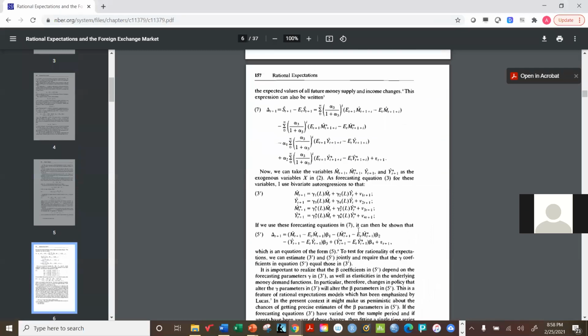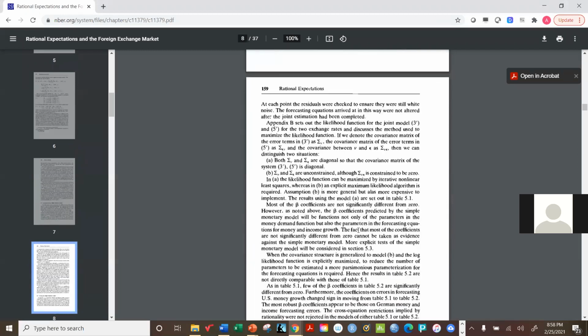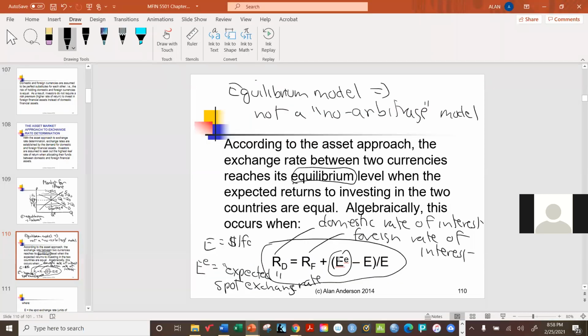We're not going to do that here, obviously, but there are models that we could use to come up with a number for this expected exchange rate. The other option is to use surveys of the market participants, but we're going to assume that there's a number that we can point to and say, this is what investors expect to happen in the future with this particular currency pair. So we're assuming that it can be done.